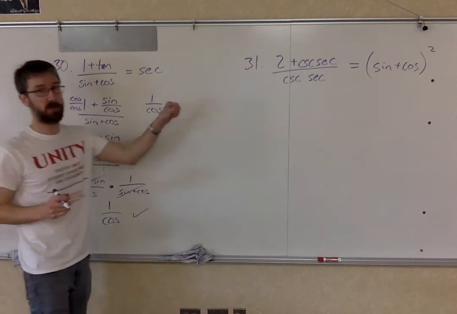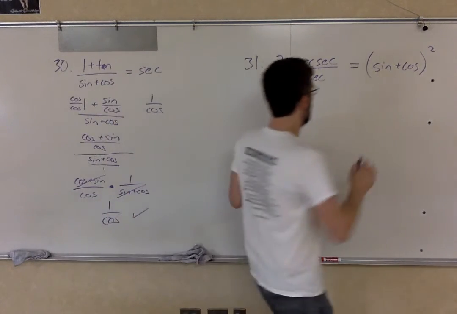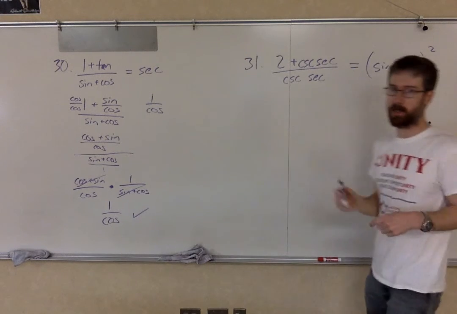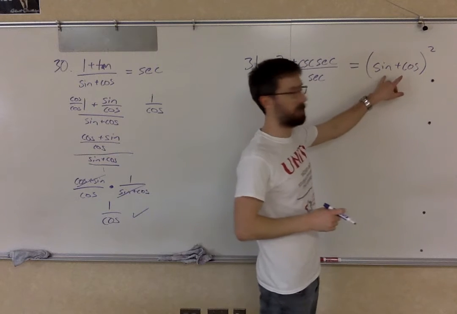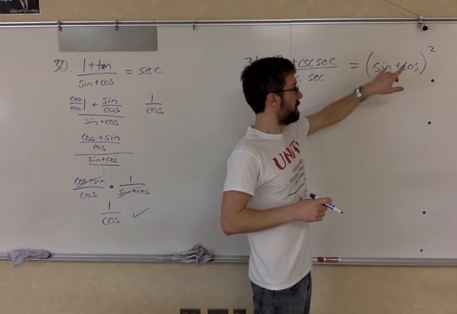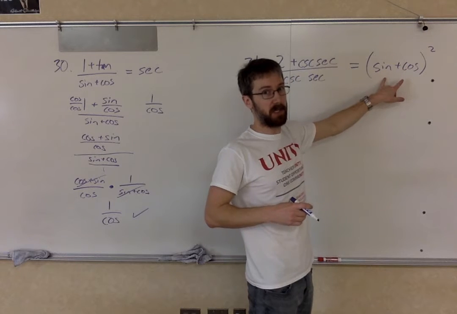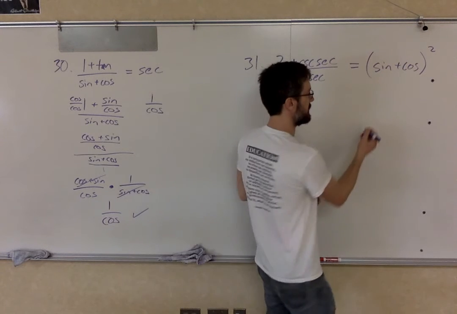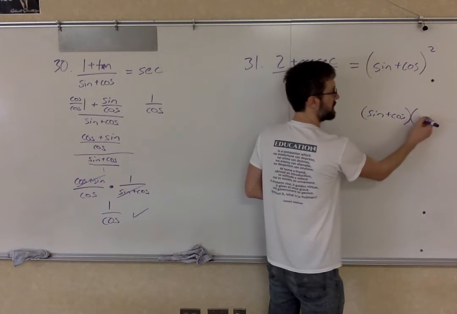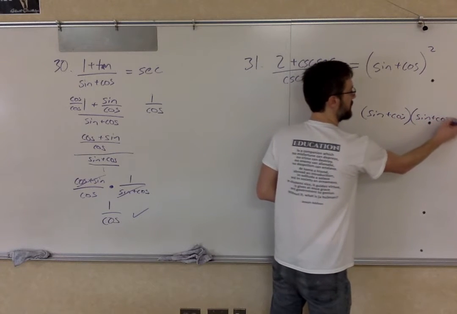All right, this one's a little trickier. I like to start this one out first by squaring and FOILing out the sine plus cosine. This is not sine squared plus cosine squared, right? This is the same as sine plus cosine times a second sine plus cosine.